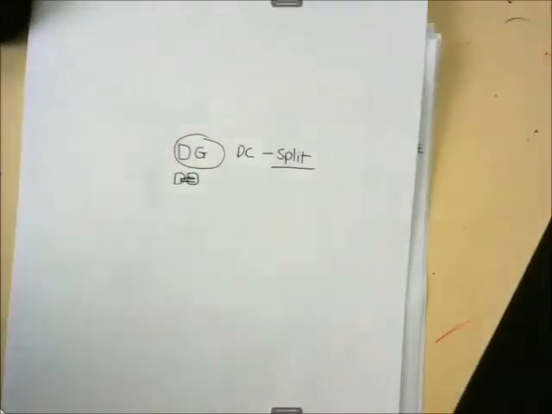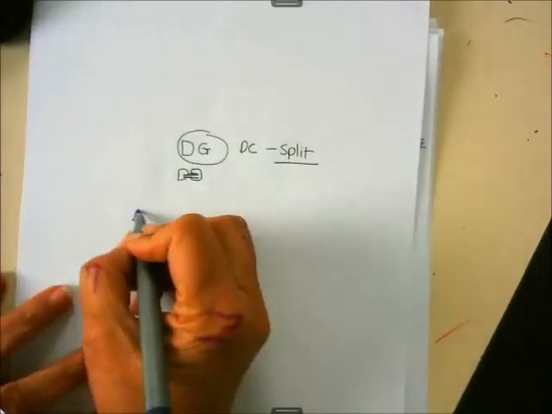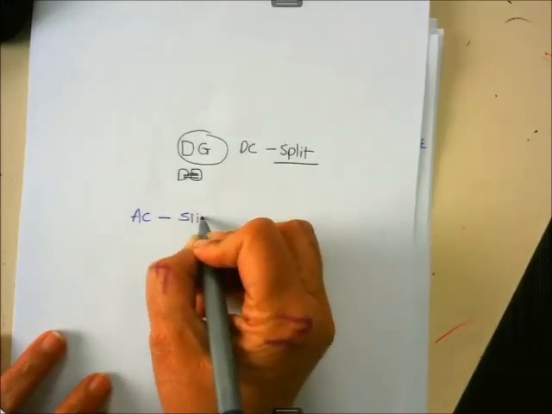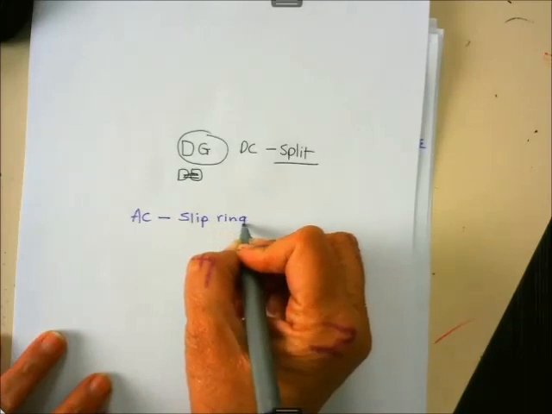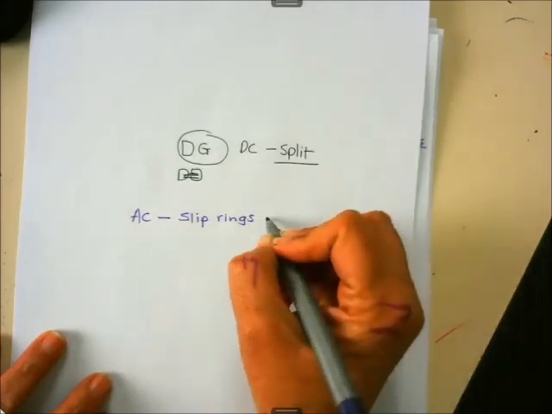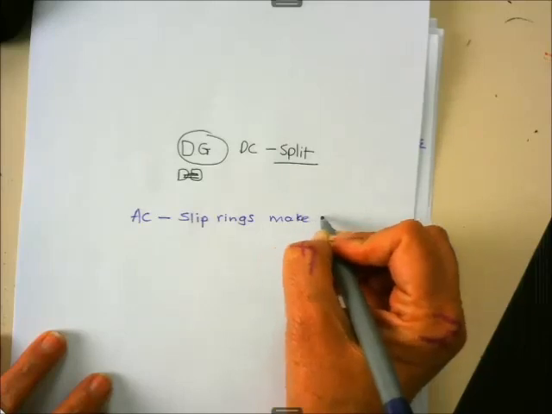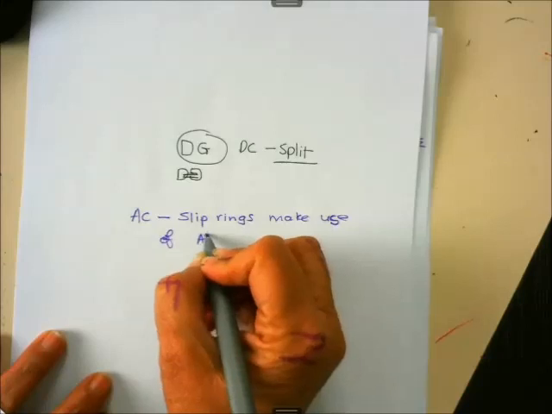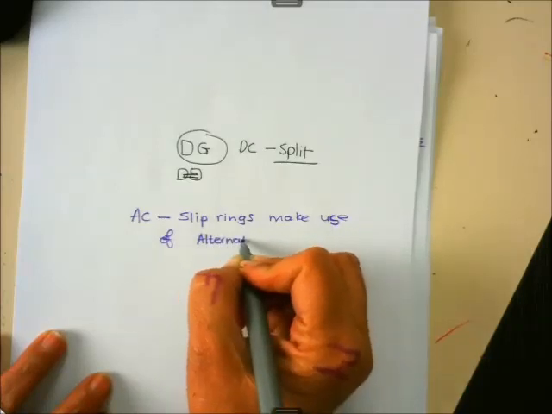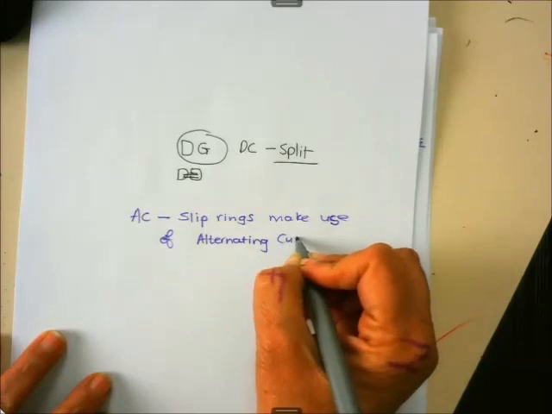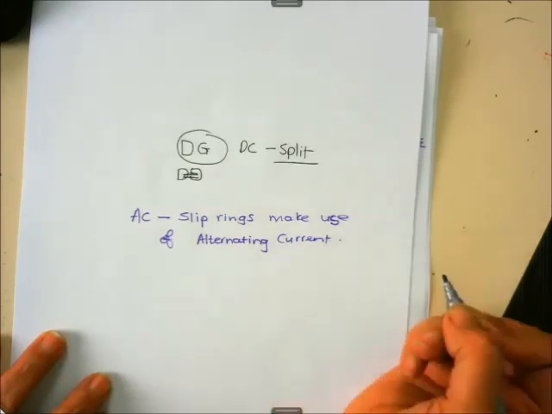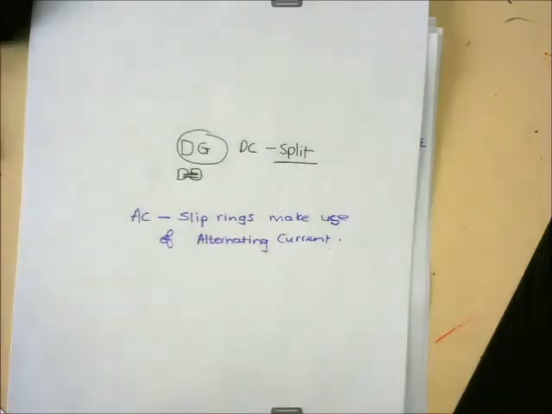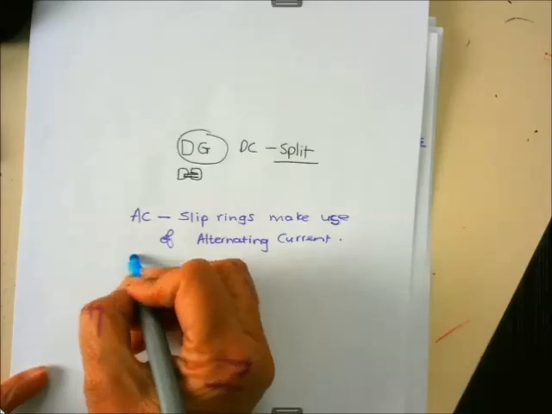The essential difference in design is that AC motors have slip rings, and they make use of alternating current. I know all of you have got the next answer already. So what do DC motors do?